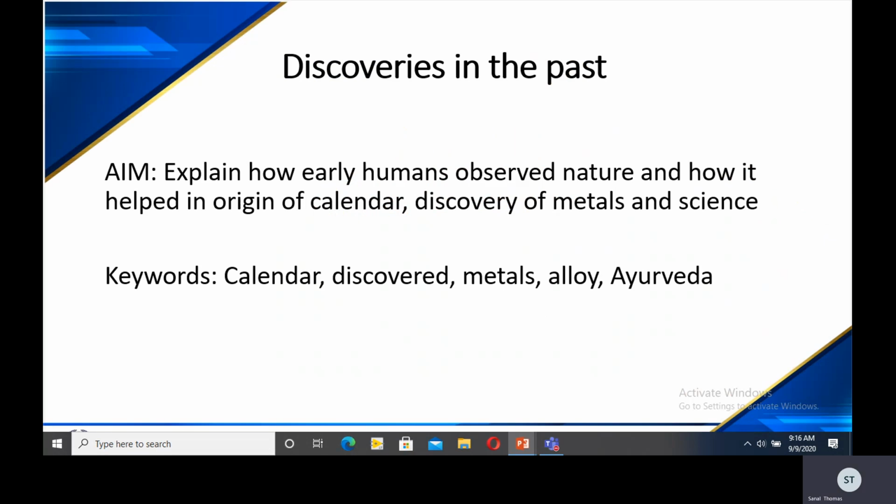The aim of this class is to explain how early humans observed nature and how it helped in the origin of calendar, discovery of metals and science. The keywords you are going to see are calendar, discovered, metals, alloy and Ayurveda.